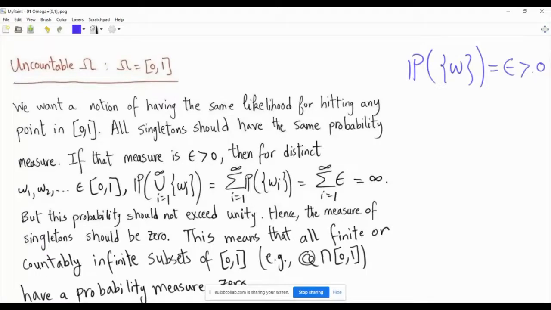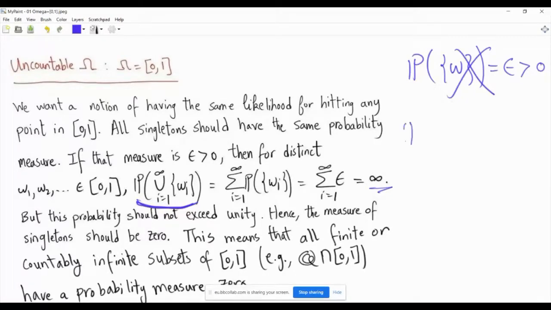And so if you take a countably infinite union of those omegas and you find its probability, it will be the sum by the axioms of a probability measure. So you will have to sum the probabilities. You take a positive number, no matter how small, and you add it to itself an infinite number of times, and you will get infinity, which is not accepted because we want the probability of big omega itself to be 1. You cannot have a probability more than 1. Okay, so this is rejected.